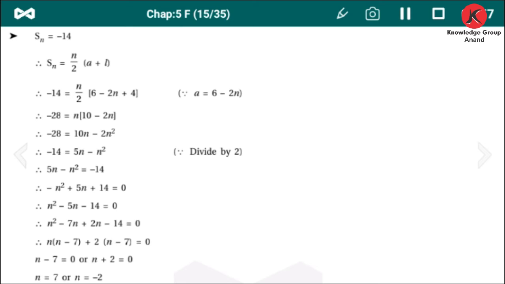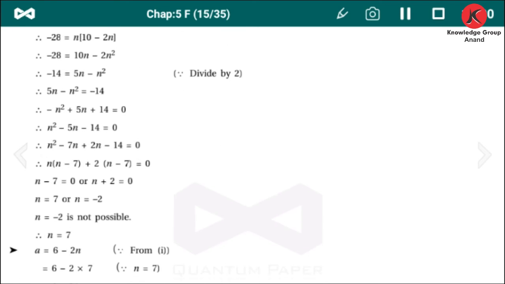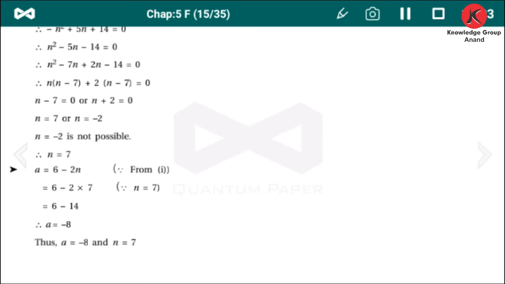n minus 7 is equal to 0 or n plus 2 is equal to 0. So n is equal to 7 or minus 2. But in the previous equation I said that n should be a positive integer, therefore n equals minus 2 is not possible.